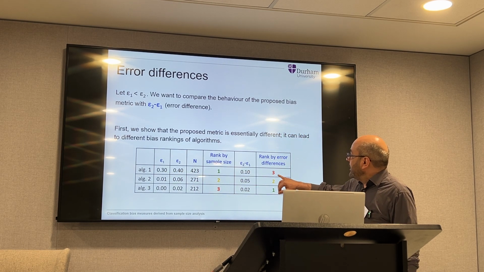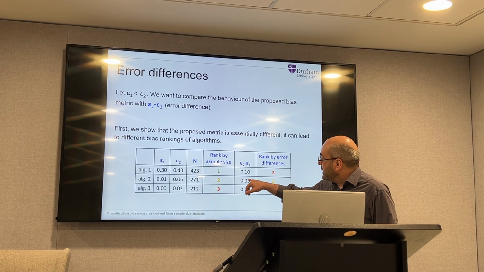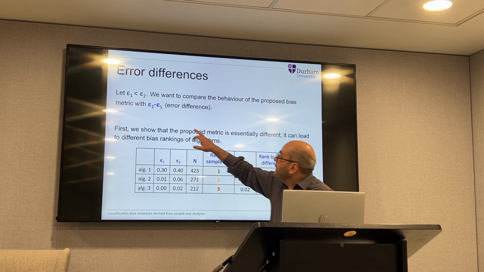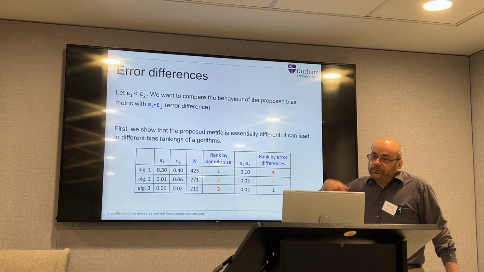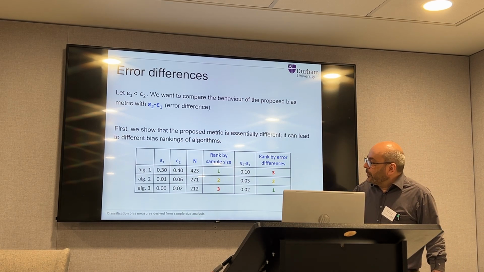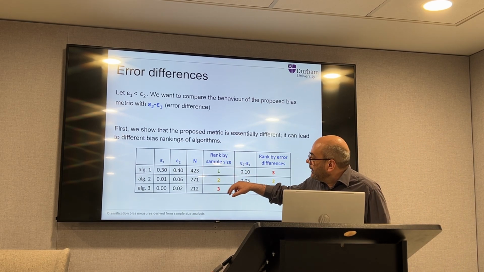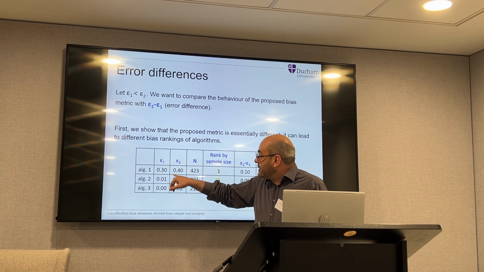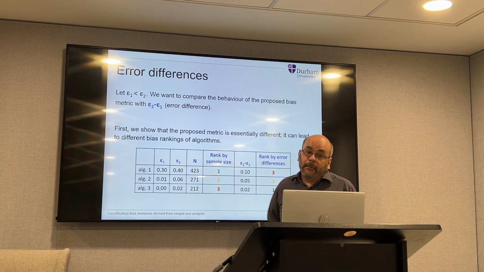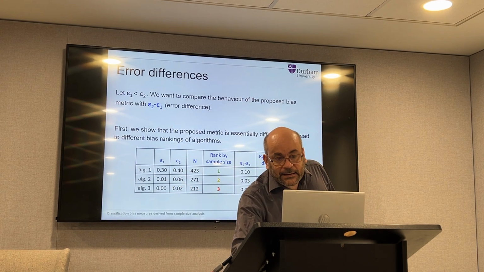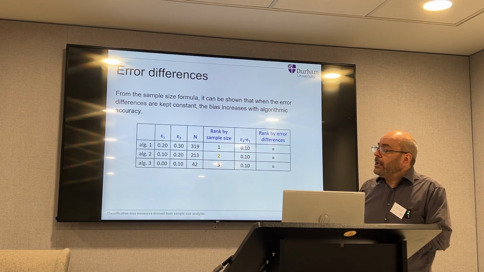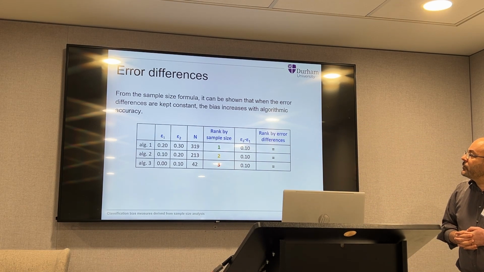This is large, so this is very biased. This is less biased, this is less biased according to this. Now, if you do the proposed approach, you see it differently. So this one is less biased than this one. Why does this happen? How can we explain it?